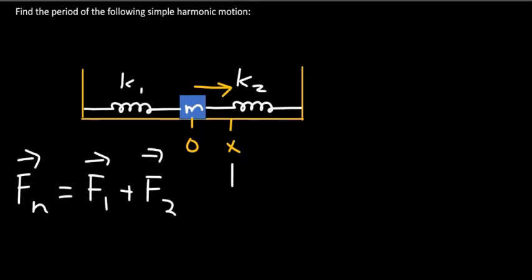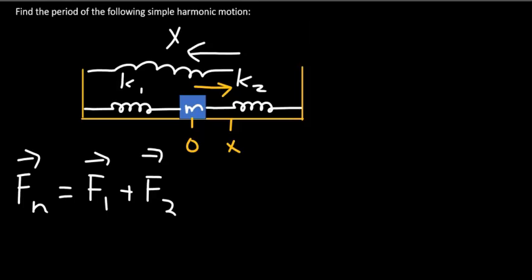When the object is displaced at distance x from the equilibrium position O, spring 1 is stretched by that same distance, namely x. So the force F1 due to spring 1 on M will tend to pull the mass M to the left.